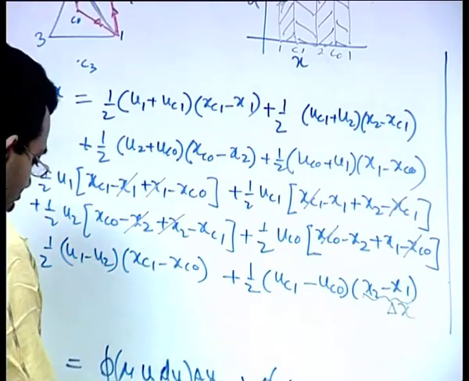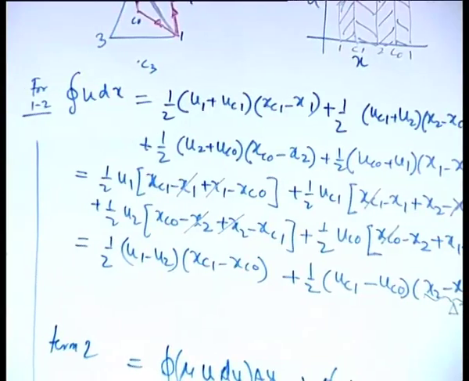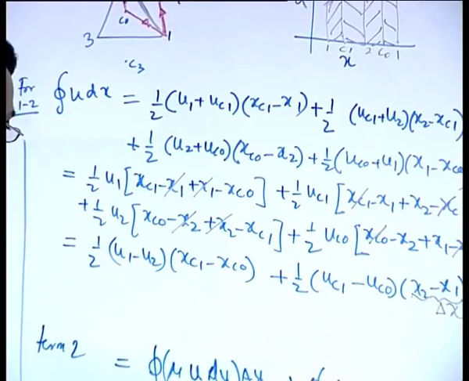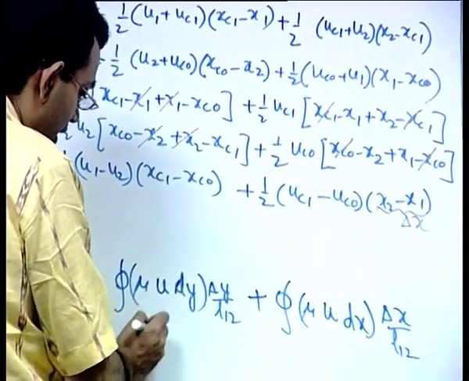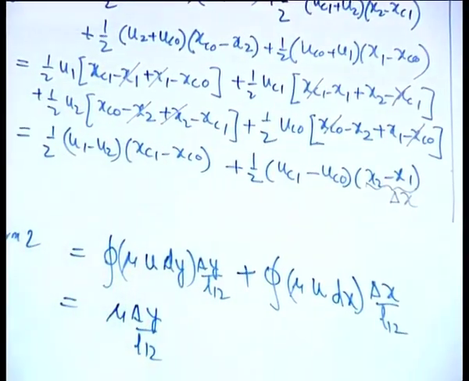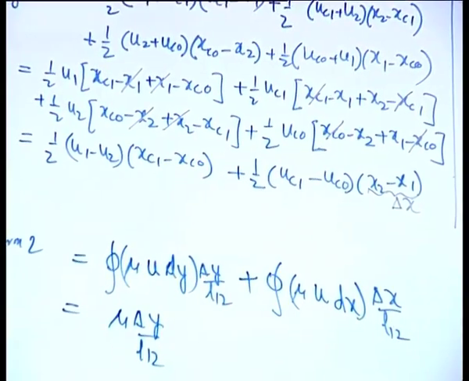So finally when you write this term 2 in its integrated form, what you get? mu delta y by L12 into contour integral of u dy.